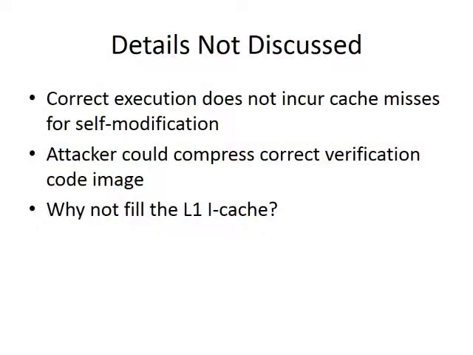because of shortage of time, I cannot discuss that, but I'm happy to talk to you about it. The actual checksum code does not incur these cache misses because it's using exactly one copy. There's a checksum code, and it's part of the correct verification function image. It is computing a checksum over itself. It is the same set of physical memory locations that are both in the instruction cache and in the data cache.